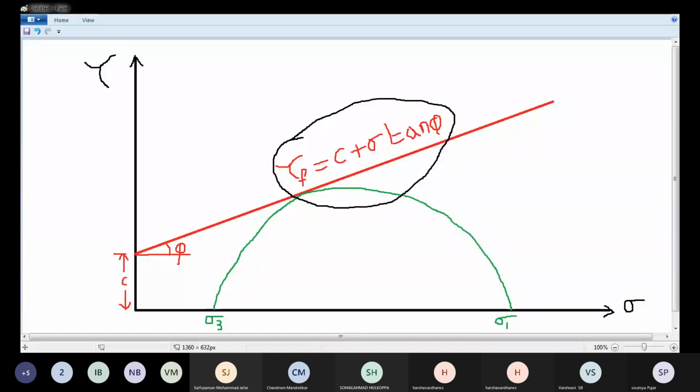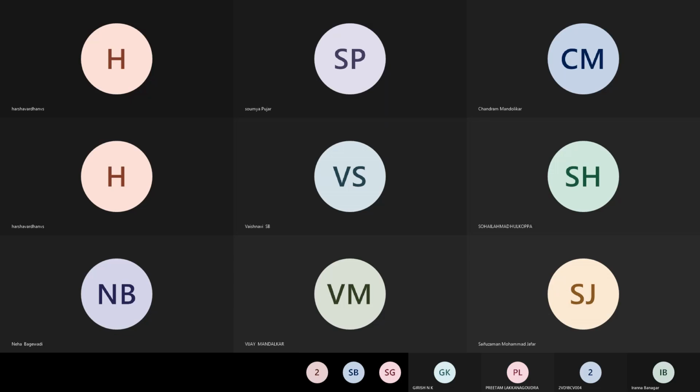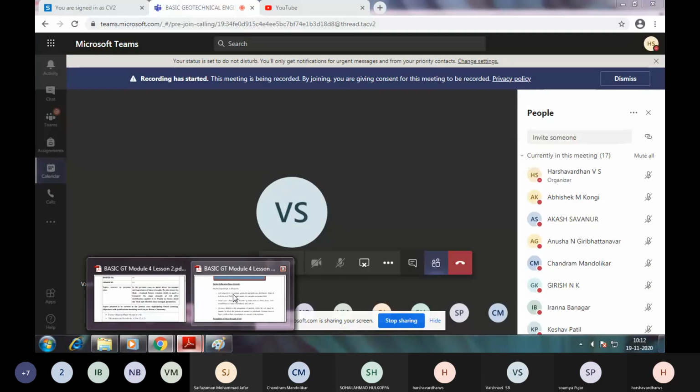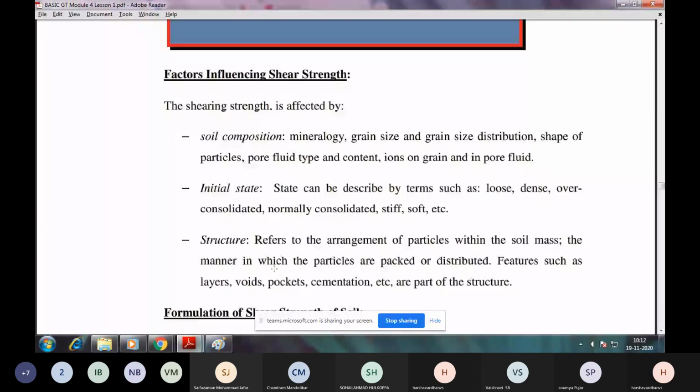The factors that are affecting shear strength can be grouped into three categories.